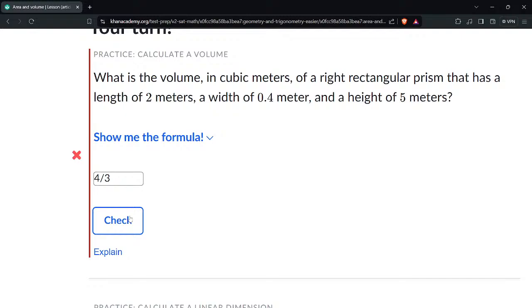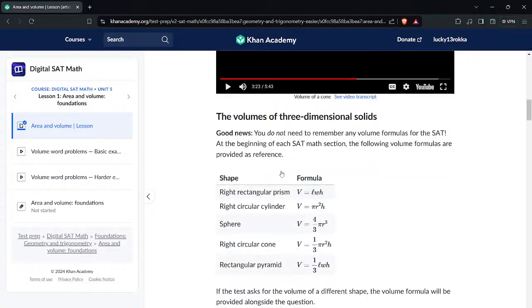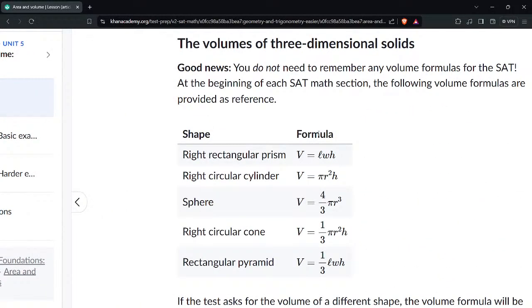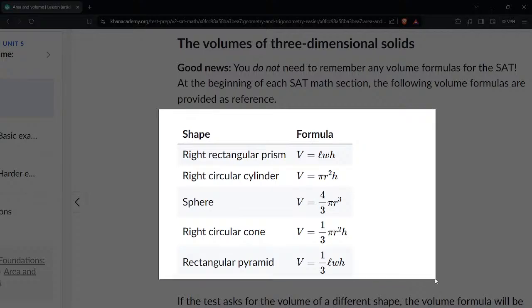Right, rectangular prism. Okay, I don't know the formula. It's length times width times height. Okay, I know the formula.